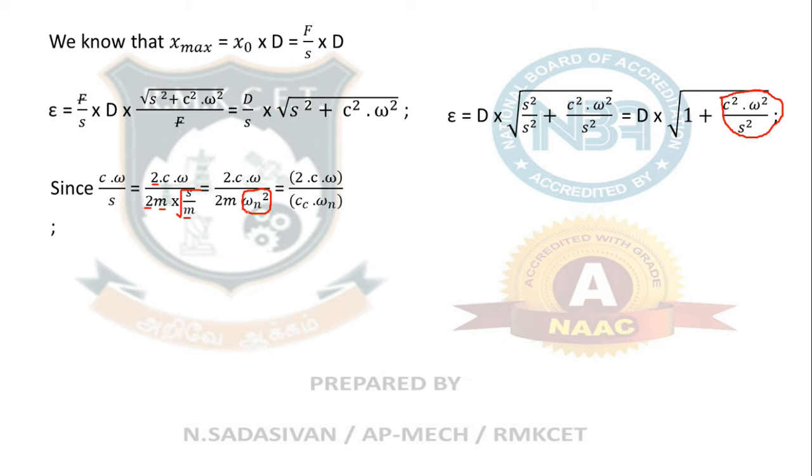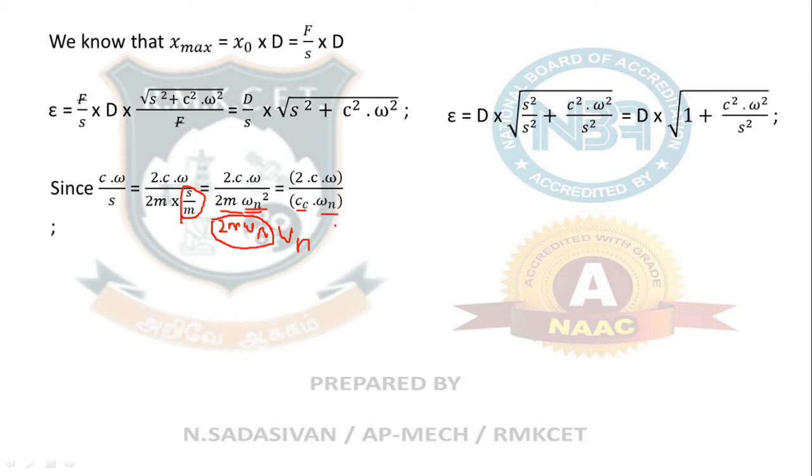What is omega n square? s by m. So I am putting omega n square instead of s by m. Okay, so 2m omega n square. In this 2m omega n square, I am taking 2m omega n into omega n. Okay, I know this is Cc, critical damping factor. Cc into omega n.